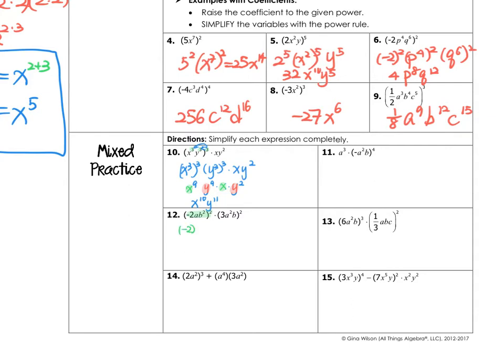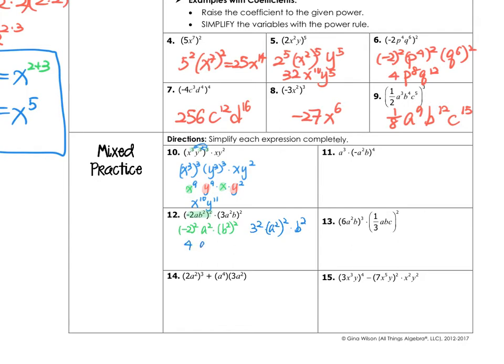It's negative 2 squared, then a squared, then b squared, the whole thing squared, right? And then there is the second part, which is 3 squared times a squared squared times b squared. Now you start simplifying them.